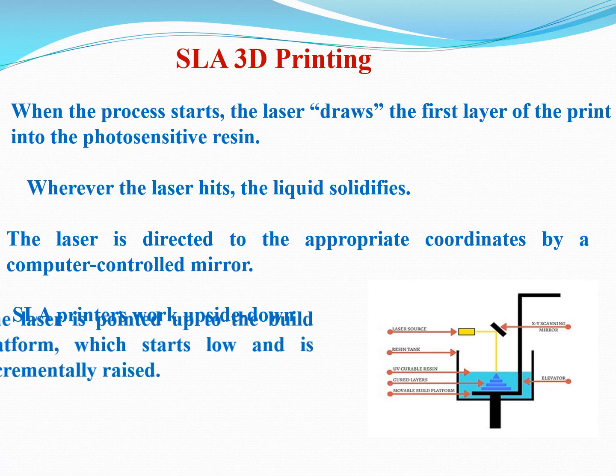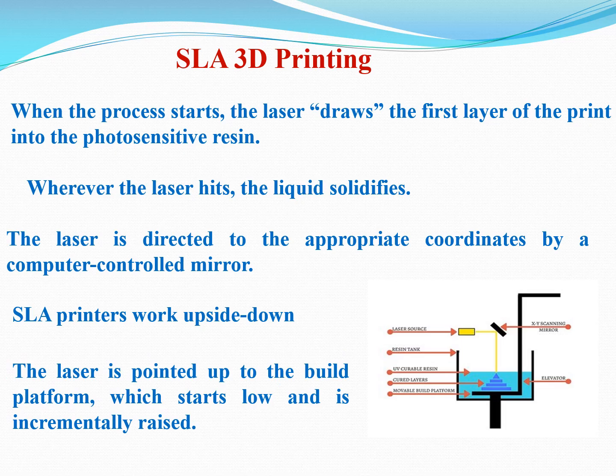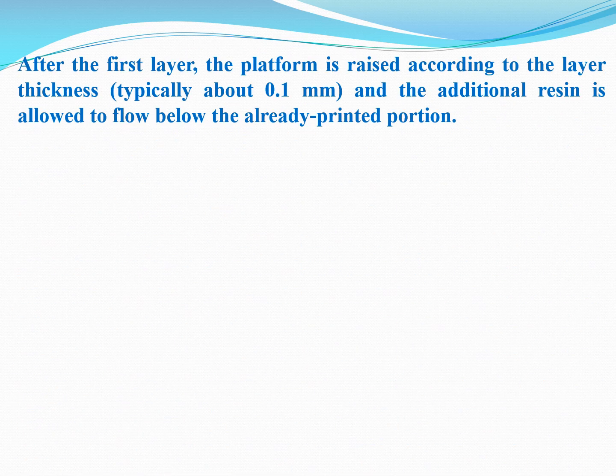SLA printers work upside down. The laser is pointed at the build platform, which starts low and is incrementally raised. After the first layer, the platform is raised according to the layer thickness, typically about 0.1 mm.